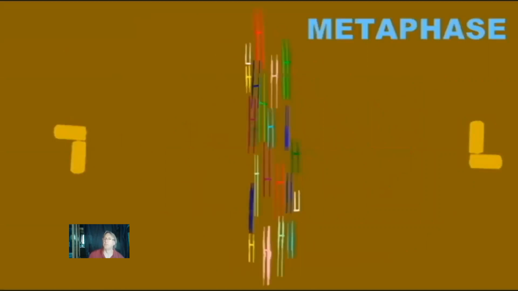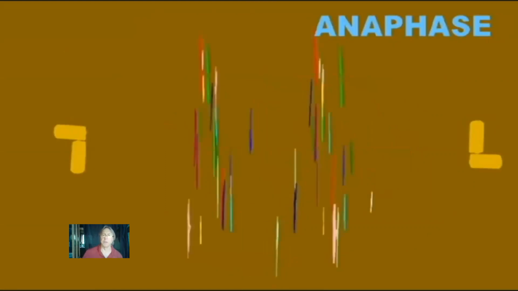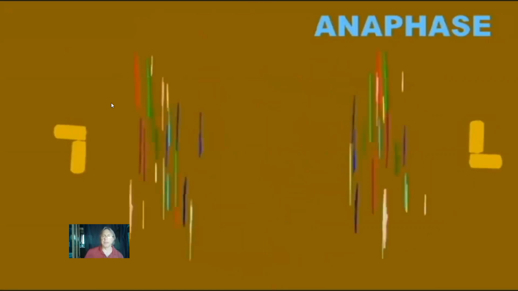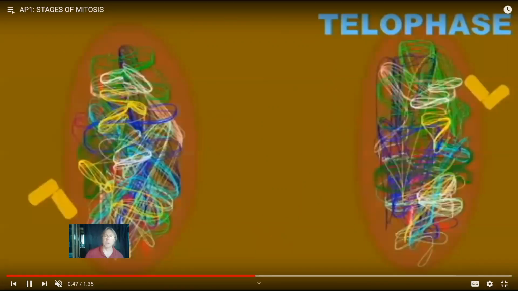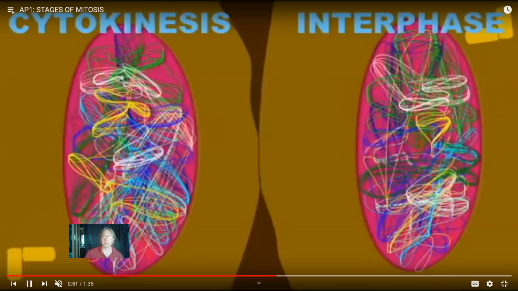Also a copy of chromosome 1 you got from your mother, a copy of chromosome 2 from both your father and mother. So mitosis is making sure that each of the two daughter cells then get identical sets of these DNA instructions. That's how important they are.